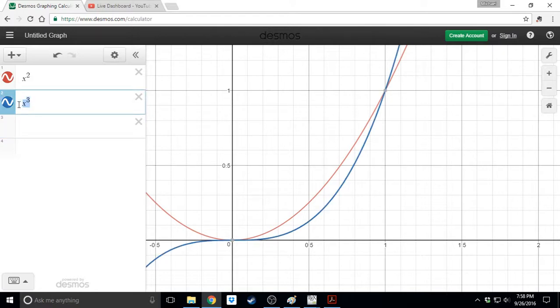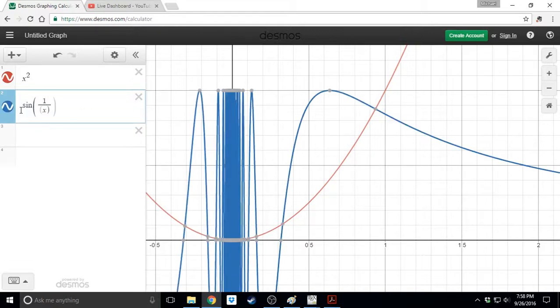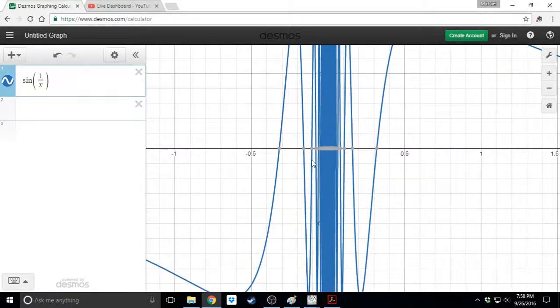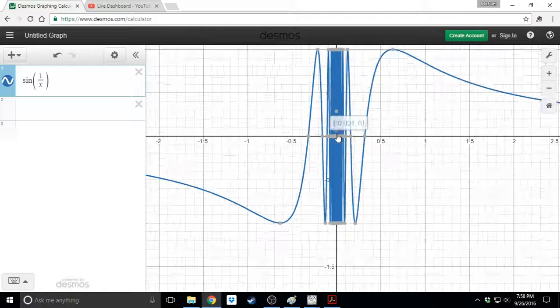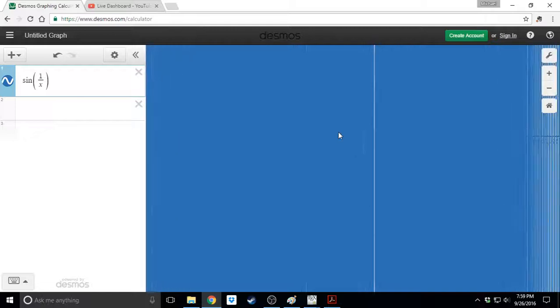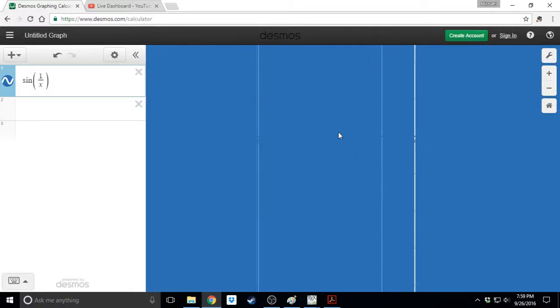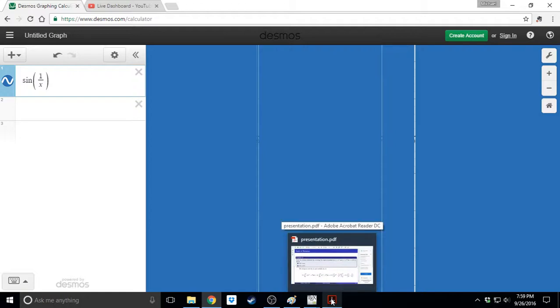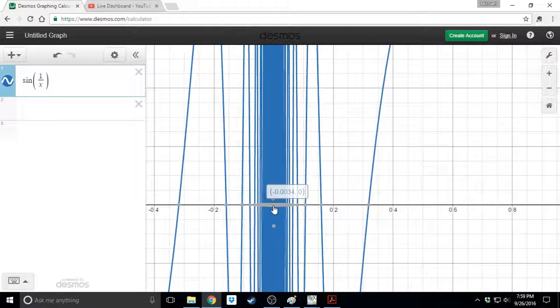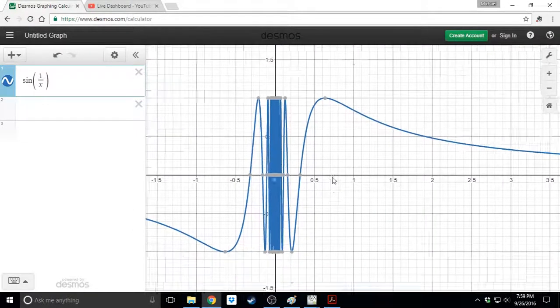If there are no more questions from chat, I think that I've covered every type of problem that's going to show up. So I mean, this is a cool graph. Zoom in on it a little bit. Still no questions?